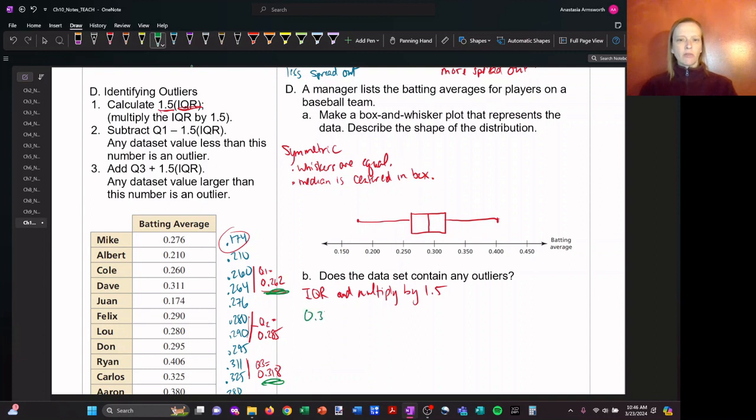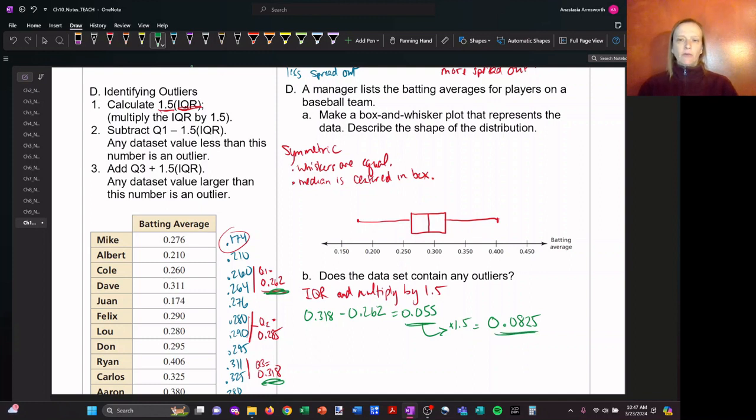So that's 0.318 minus 0.262. And when you do that subtraction, you get 0.055. And we're going to take that value and multiply times 1.5, and that's going to give us an answer of 0.0825.